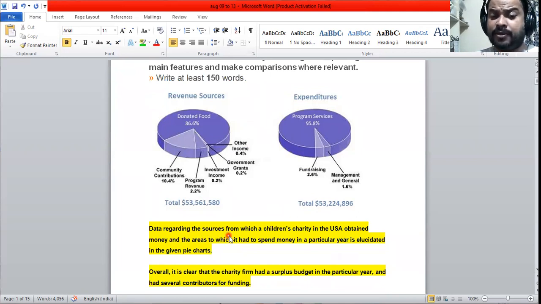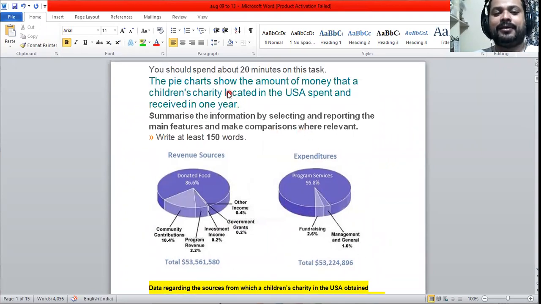Elucidated means nothing, it's shown. It is a synonym for show. We can say depicted, illustrated, portrayed, all these things.